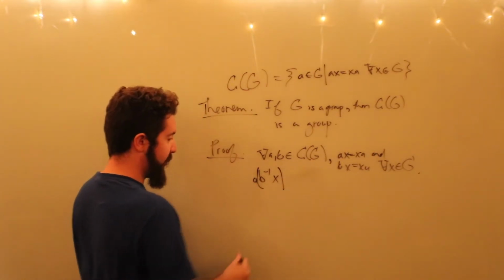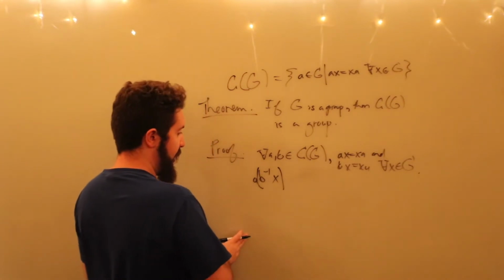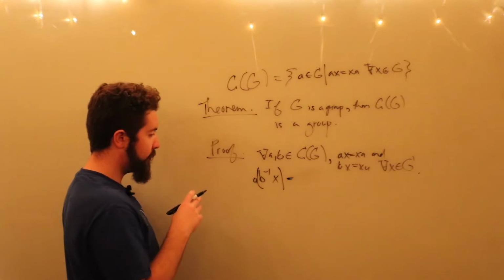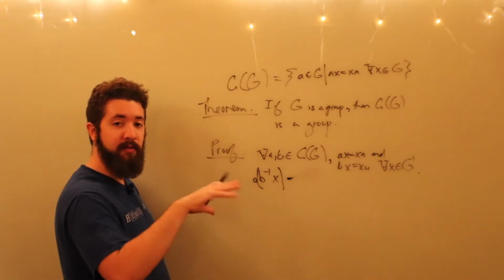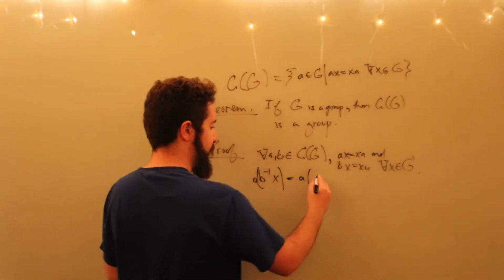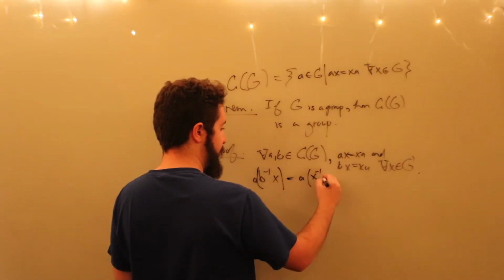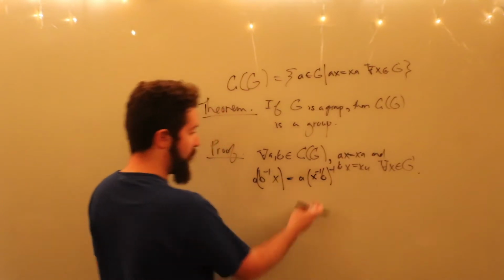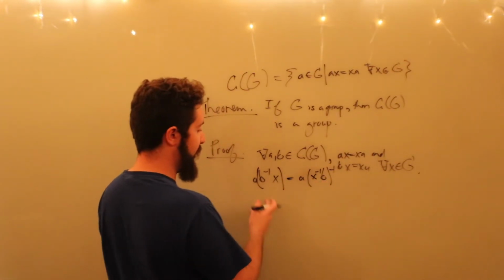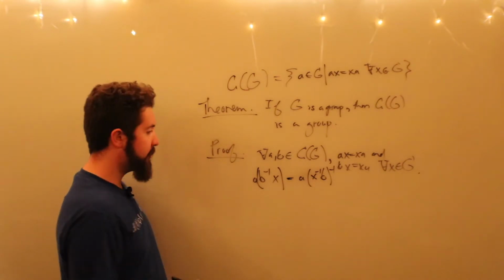This is our product. This can be written, because the inverse of a product is the reverse order product of the inverses, as A times X inverse B inverse, where we know X inverse exists because it's in the group G, and likewise with B being the inverse of the inverse.